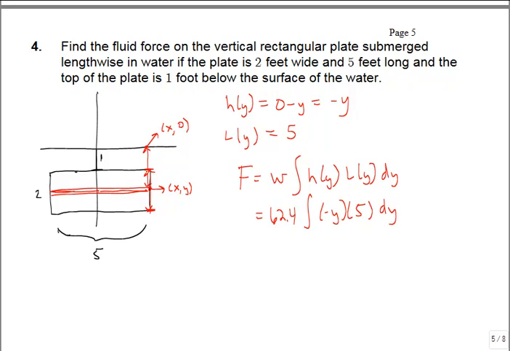We don't want to go above that or below that. So remember, we started out 1 foot below the surface of the water. So this height right here is actually -1 on my coordinate system. And since this is 2 feet wide, then that makes this -3 down here. So the y value that I'm using on this corner point ranges between -3 up to -1. So my bounds will be -3 to -1.